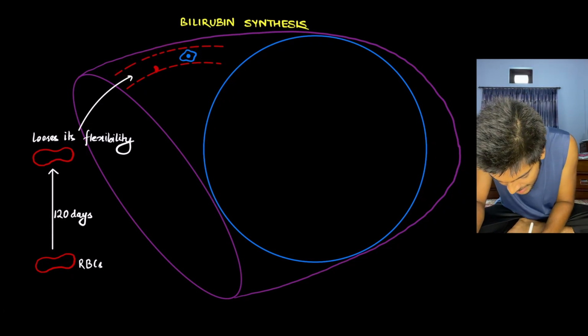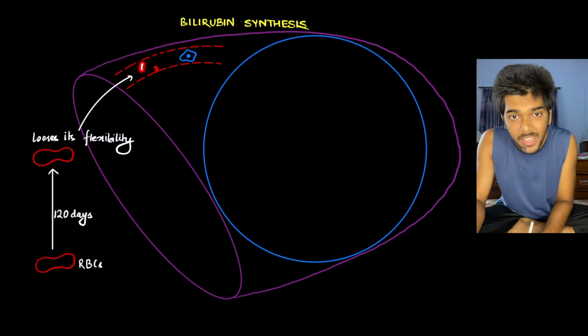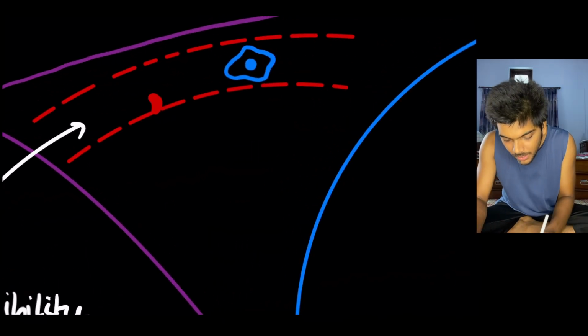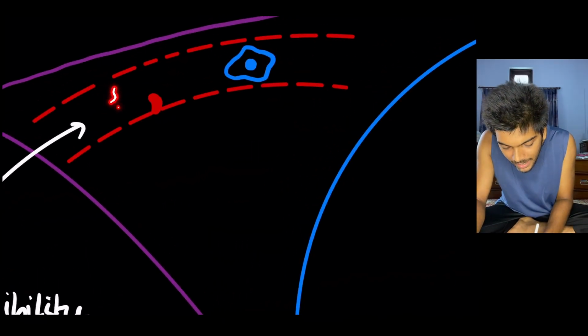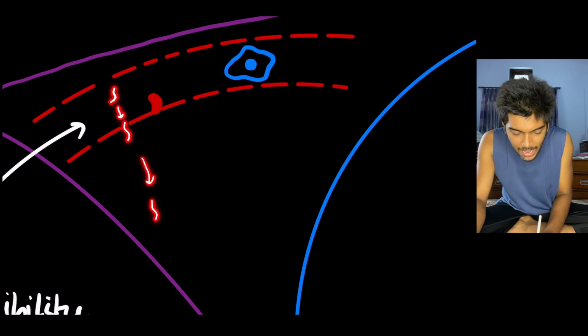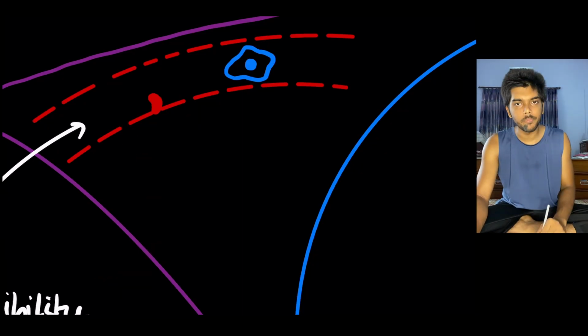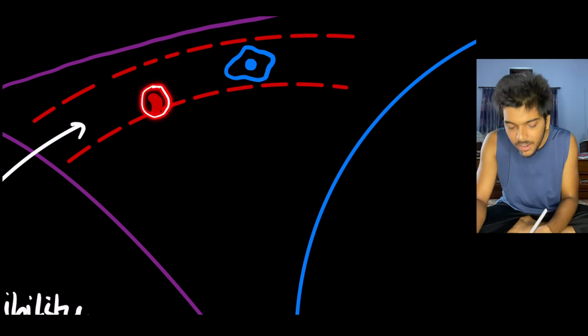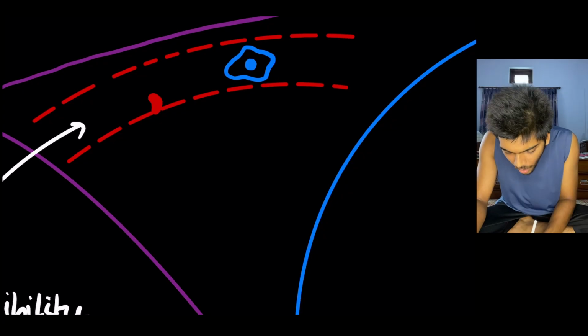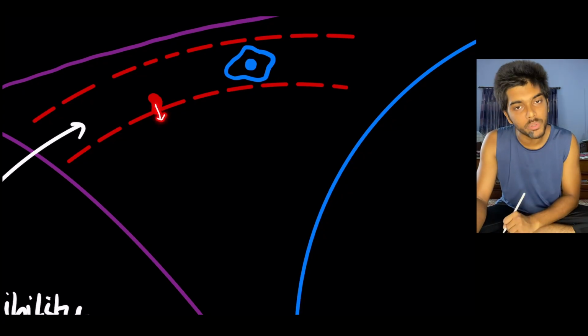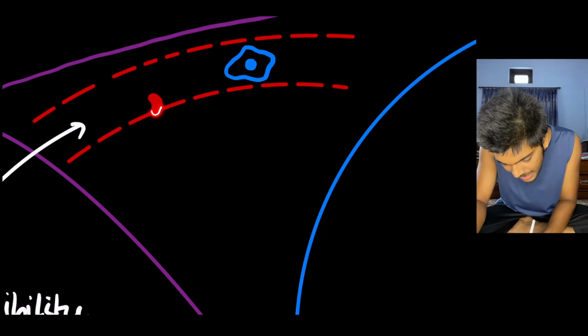If this is a young RBC, it is very flexible. See, this is a young RBC. It is very flexible. So it can easily squeeze through this gap, come out, and then continue into the circulation. But this RBC right here is old. It has lost its flexibility. So it is unable to squeeze through the sinusoid. So it is stuck. It is stuck or trapped in the sinusoid.